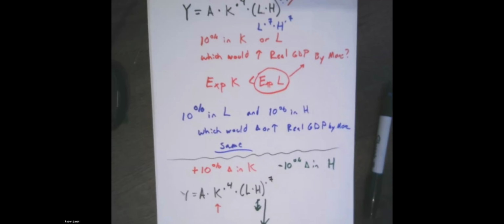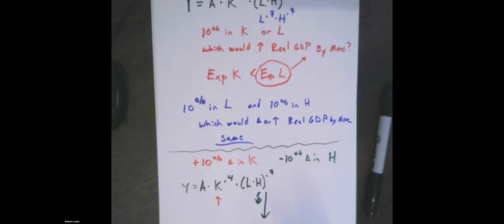However, you might think they offset each other, but they don't, because that same percentage increase is being raised to a lower power over here. So in fact, that reduction in human capital is going to cause a larger change to real GDP, in which case we know real GDP is going to go down.